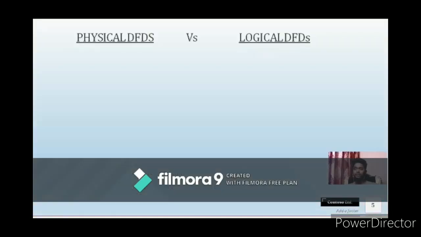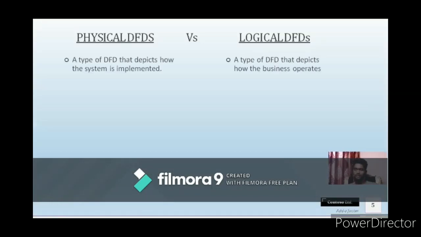So we will go to the next slide. Here we will see the difference between physical and logical DFD. First, physical DFD is a type of DFD that depicts how the system is implemented.